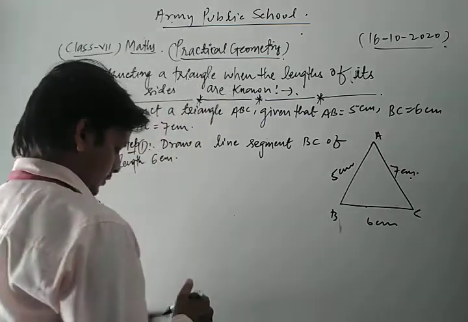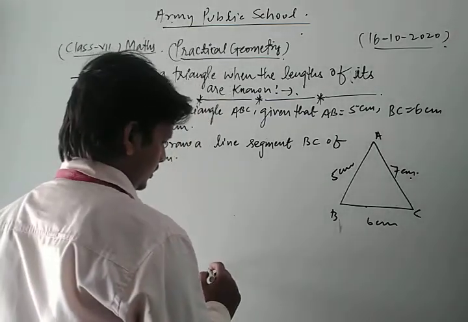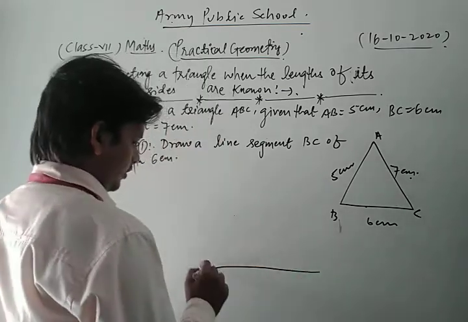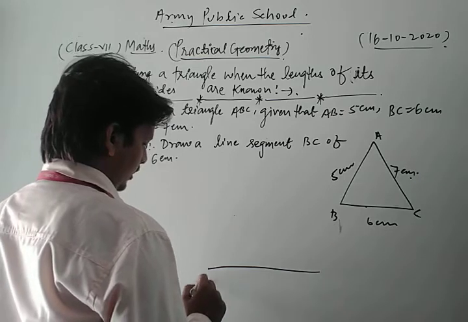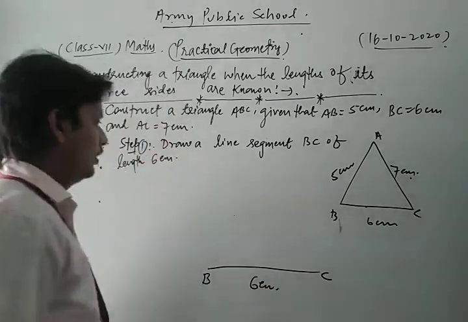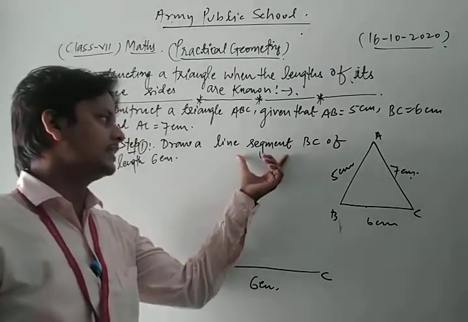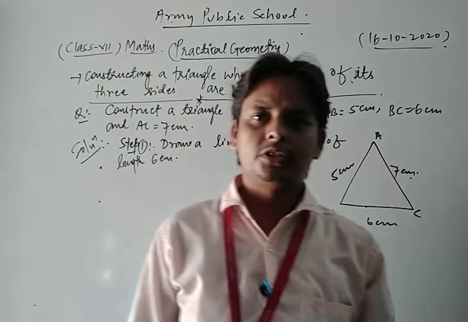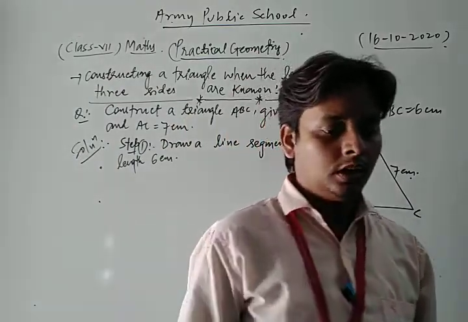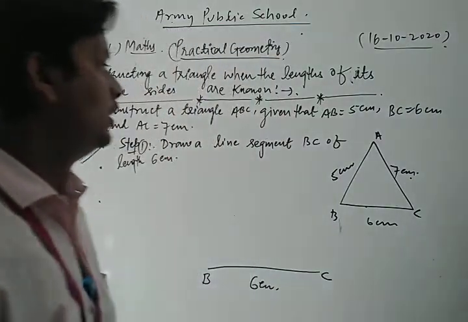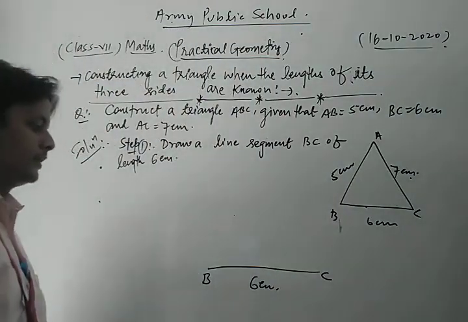Now look. With the help of a scale, we draw the length. In the first step we draw a line segment BC of length 6 centimeter. Now AB is equal to 5 centimeter.